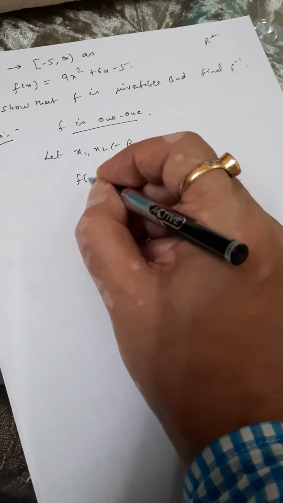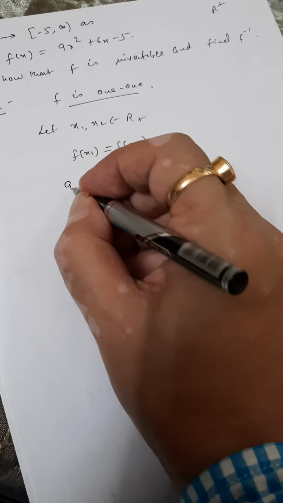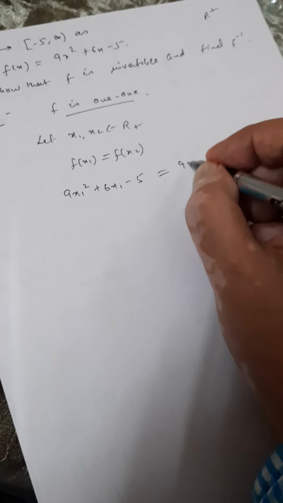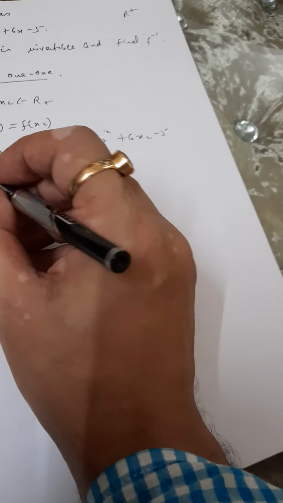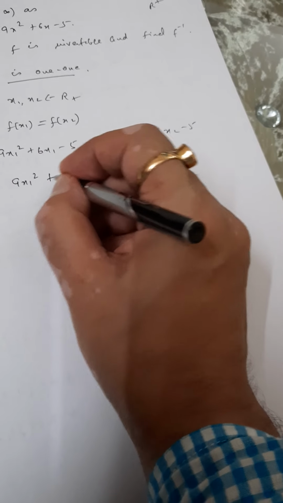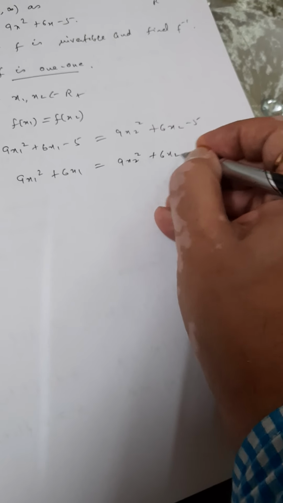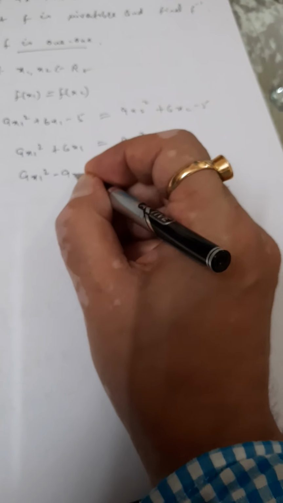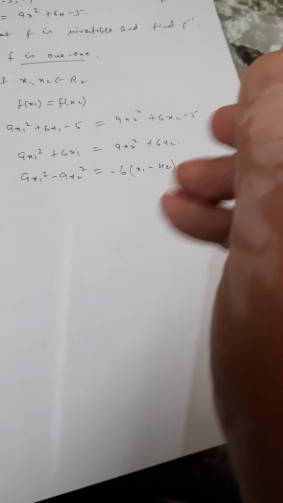So you have f(x1) equals f(x2). This will give me 9x1² + 6x1 - 5 equals 9x2² + 6x2 - 5. Now you cancel minus 5 and minus 5. You have 9x1² + 6x1 equals 9x2² + 6x2. Well, this will give me 9x1² - 9x2² is -6(x1 - x2).